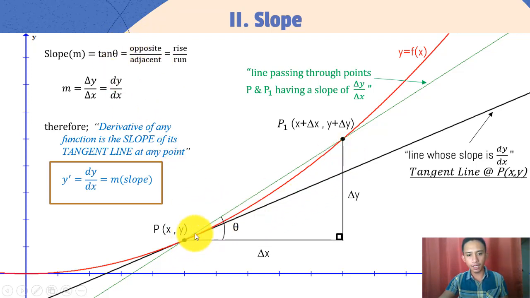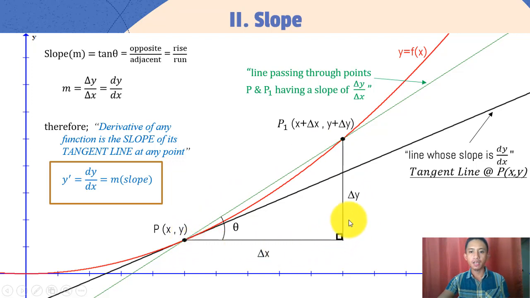That's why I created this. There's already a right triangle here because of that delta x and delta y. Delta x is horizontal and delta y is vertical, since we are talking here of x and y movement. Since that is horizontal and vertical, that creates a 90 degree angle, so this is just a right triangle.